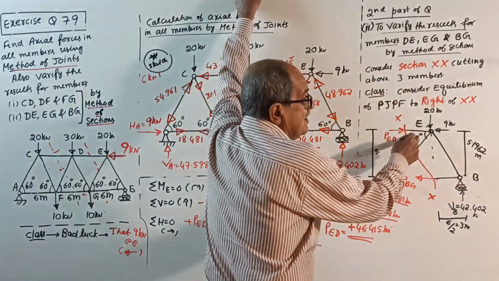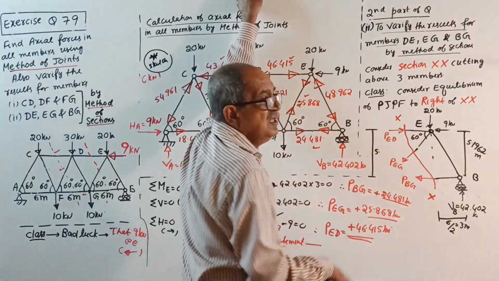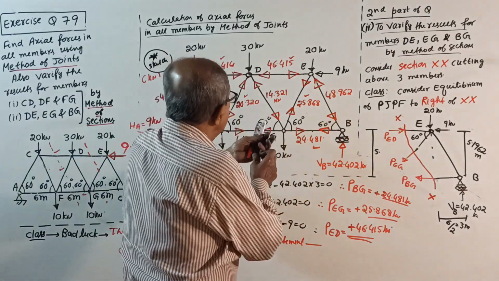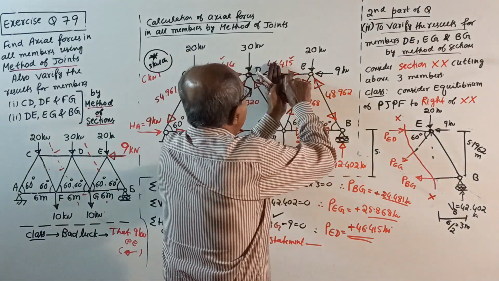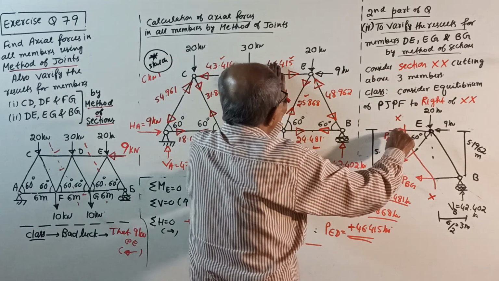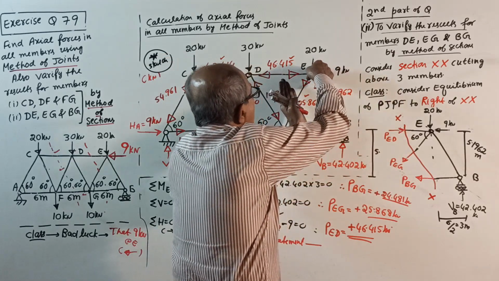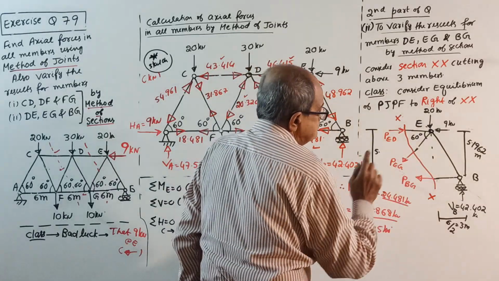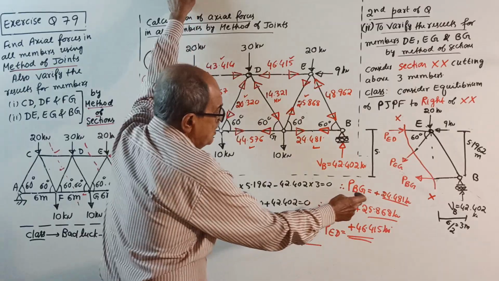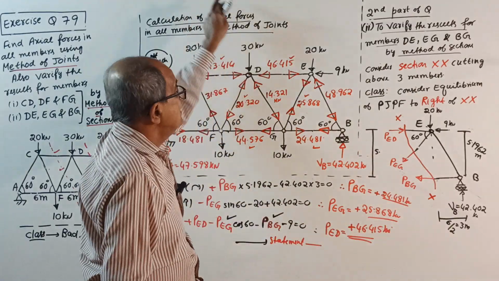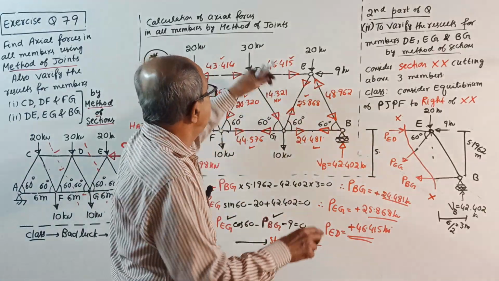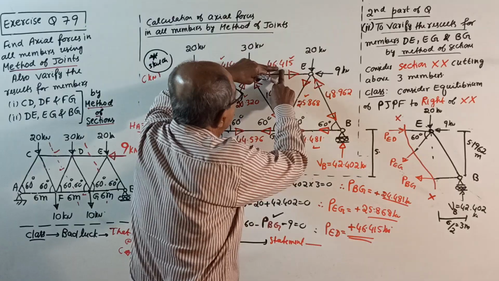We considered the unknowns in the same direction as we got by method of joints. For E coming to the joint, for E going away from the joint, for B going away from the joint, and all of them we got positive. It means the directions we got are correct. Next, numerical values. 46.415, which one?